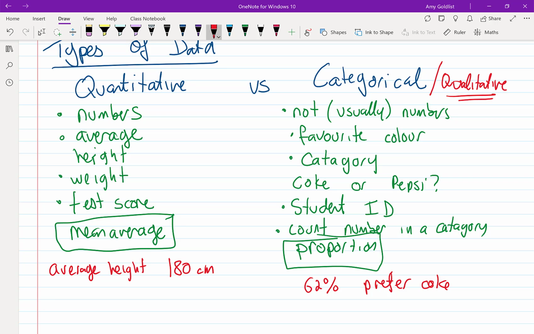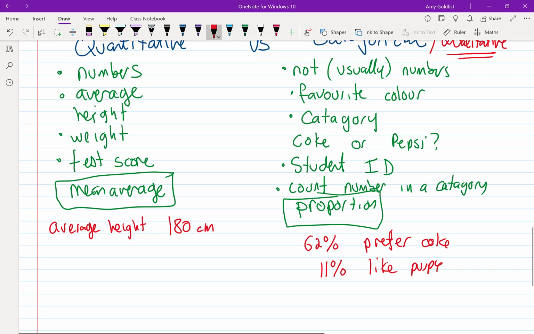Averaging things doesn't make sense in a categorical world. If I ask everybody their favorite color, I can't find the average favorite color, but I can say that 11% of people like purple, or most people, the biggest category or mode is blue. So let's say blue was given the most often.